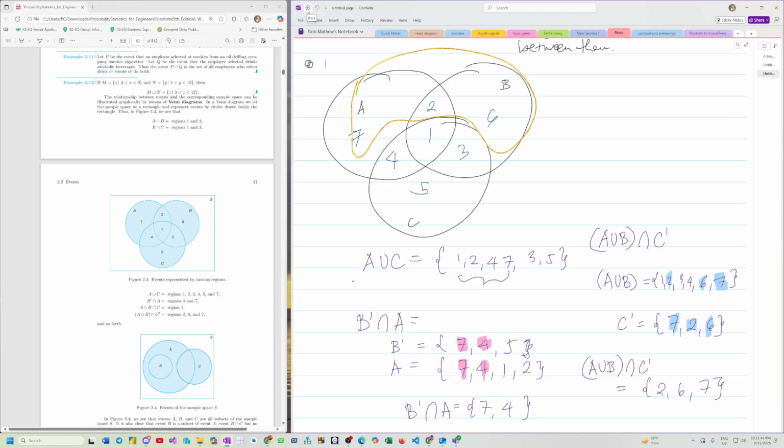Which is what? Also equal to C prime din, no? Pareha sila. Okay? So, you can also answer that C prime. Okay? So, pwede rin ganun.